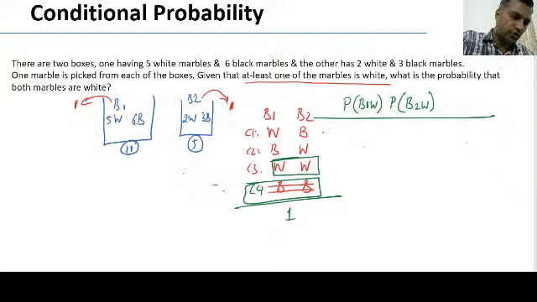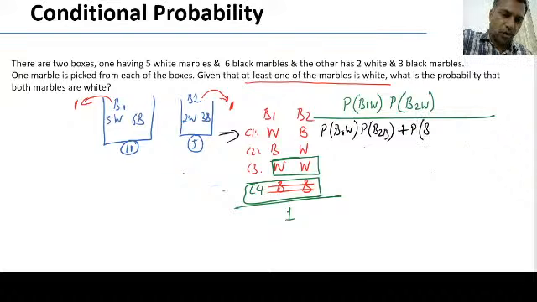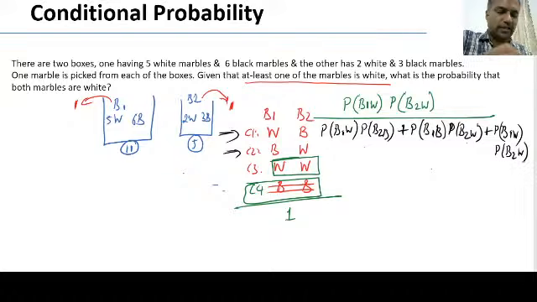So in the denominator you would write: probability that box 1 is white and box 2 is black, that is case 1, plus probability that box 1 is black and box 2 is white, the second case. Similarly I add a third case: probability that box 1 is white and box 2 is also white.